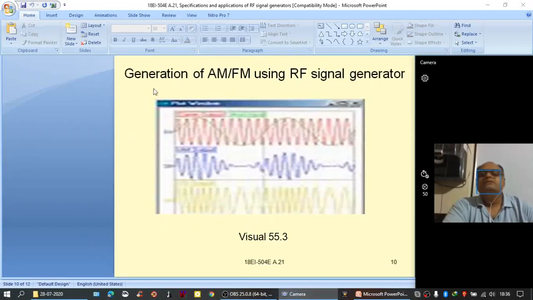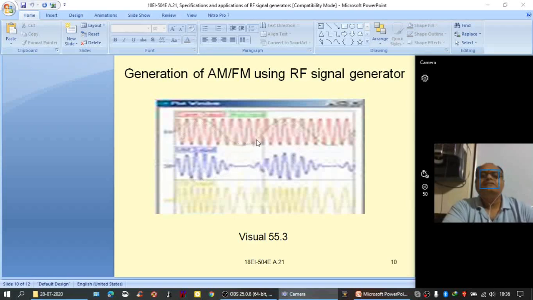Now you can see how AM or FM signals are generated using this. This is the original carrier signal, the high frequency one. The low frequency one is the modulating signal, that is a sound signal. The first one is the amplitude modulated wave, that is, the amplitude of the carrier signal is modulated according to the amplitude of the low frequency signal.